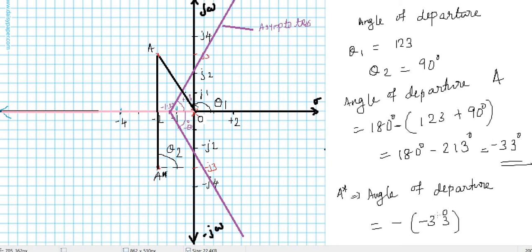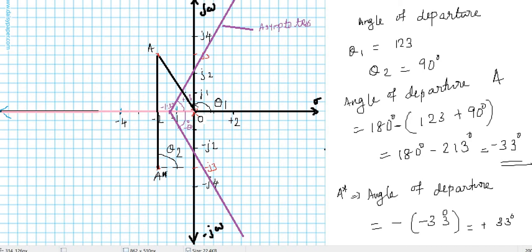So, when we get the angle of departure corresponding to one pole, the angle of departure corresponding to the other pole will be minus of that angle of departure. So, we can take it as plus 33 degree. Okay. So, these are our angle of arrival and angle of departure.